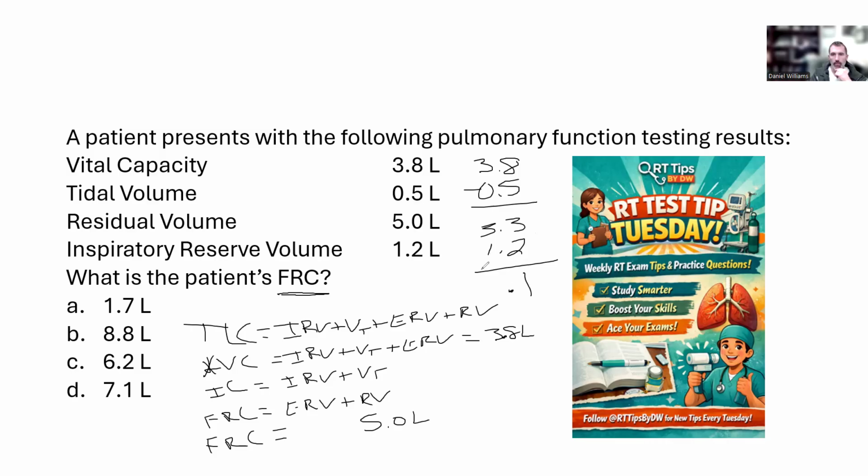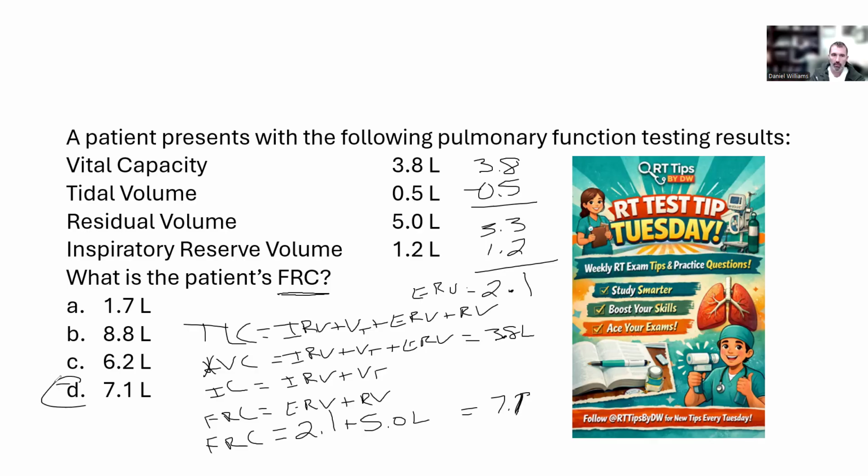Bring the decimal down. 3 minus 1 is 2. So that means our ERV is 2.1. Come down here and plug that in for ERV. If FRC is expiratory reserve volume plus residual volume, then functional residual capacity in this case is 2.1 plus 5, which, after you've gone through and done the math, D is the correct answer, 7.1.